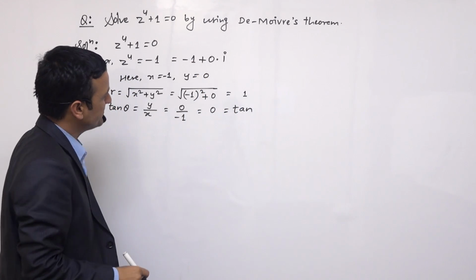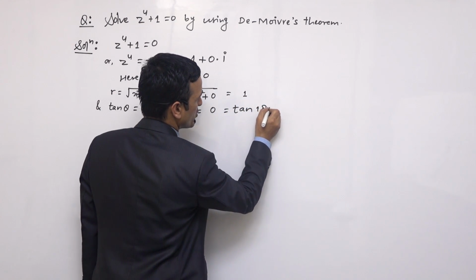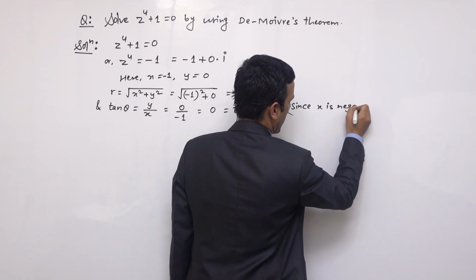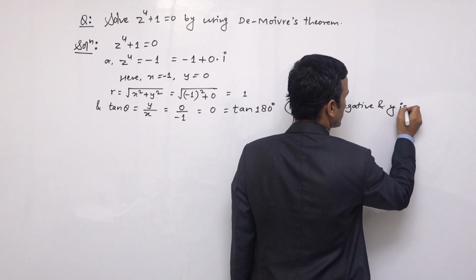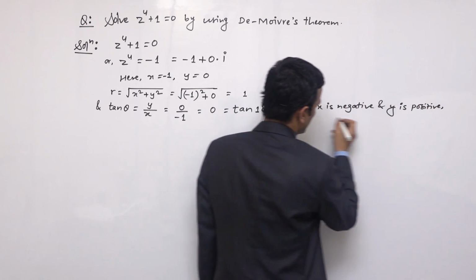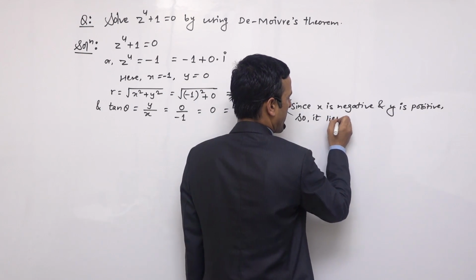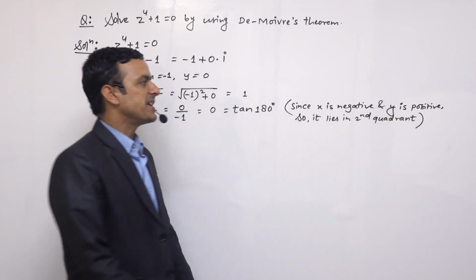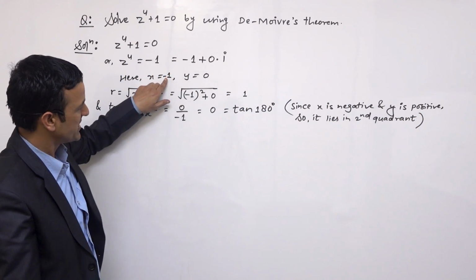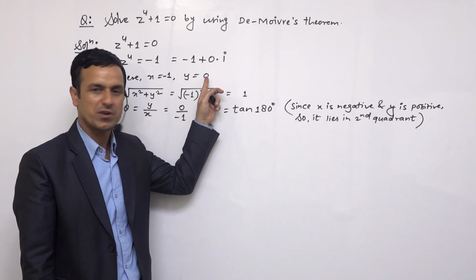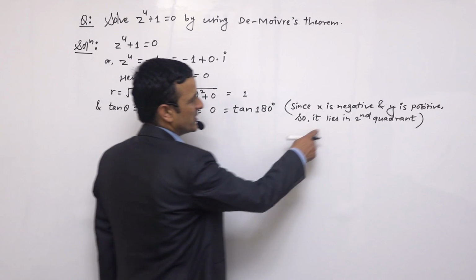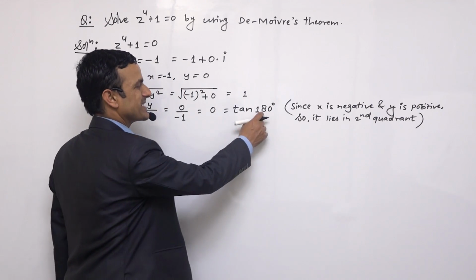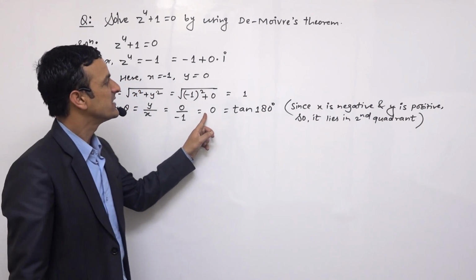Here x is negative and y is positive, so it lies in the second quadrant. यहाँ x को साइन नेगेटिभ छ, y को साइन पोजिटिभ छ. 0 नेभर बी नेगेटिभ, पोजिटिभ छ. त्यसैकारण यो सेकेन्ड क्वाड्रेन्टमा पर्छ. सेकेन्ड क्वाड्रेन्ट भनेको 180 माइनस थीटा को फर्म हो. 180 माइनस थीटामा थीटा मिन्स 0 डिग्री, minimum angle 0 degree.